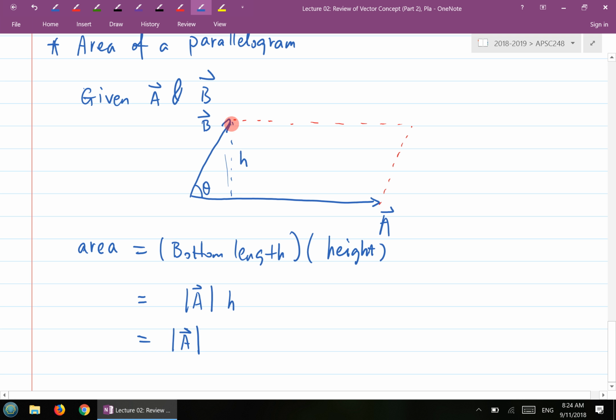Here's the hypotenuse, and the length of the hypotenuse is the length of B. So in other words, H can be expressed using the length of B and the theta angle. That's B times sine theta.